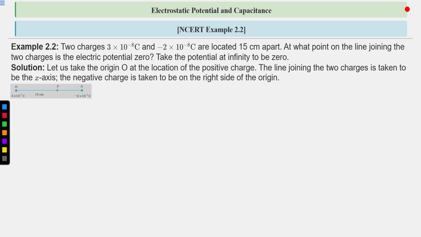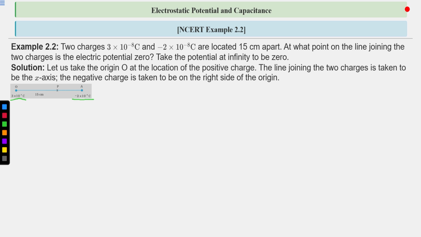Point O, that is the origin, has the positive charge, 3 × 10^-8 coulomb, placed at it, and this is the positive x-axis. The negative charge is placed at point A at a distance of 15 centimeter from the positive charge.